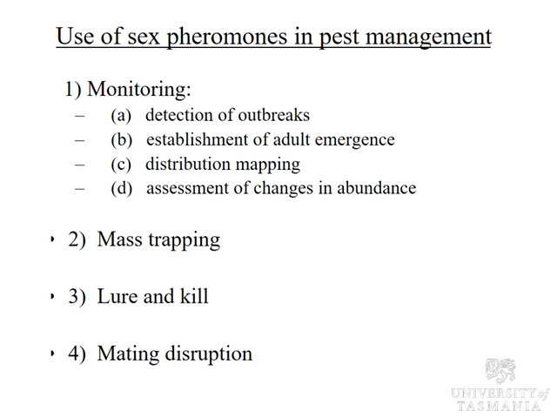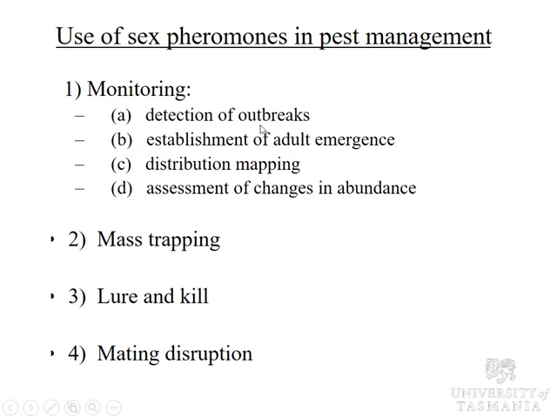So for monitoring, there's a number of possibilities. You can use it to detect whether you get an outbreak, establishment, or adult emergence. When the adults first emerge, then you know that the eggs are going to be laid and the larvae are going to be there so many days later. You can map the distribution of a species, or indeed assess the changes in abundance from week to week.